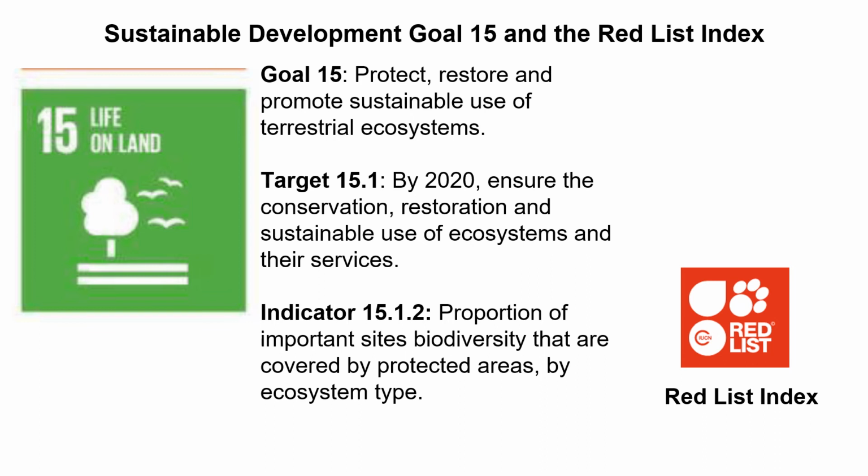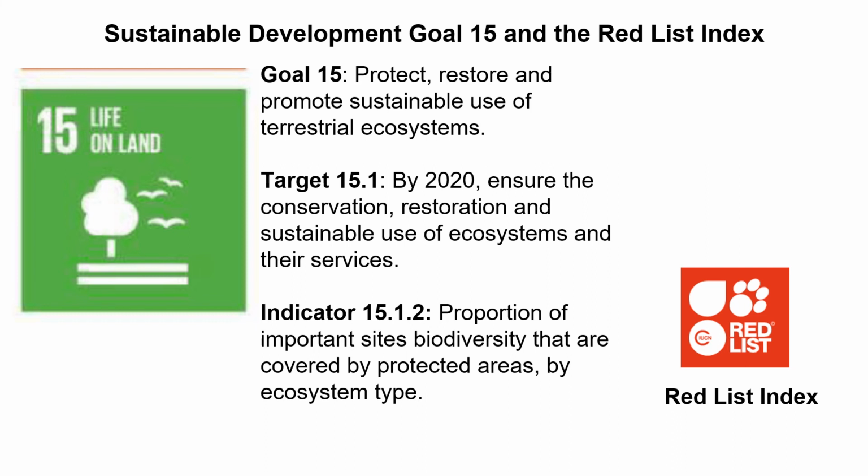Target 15.1 states that by 2020, ensure the conservation, restoration, and sustainable use of terrestrial and inland freshwater ecosystems and their services, in particular forests, wetlands, mountains, and drylands, in line with obligations under international agreements. The indicator is the proportion of important sites for terrestrial and freshwater biodiversity that are covered by protected areas, by ecosystem type.